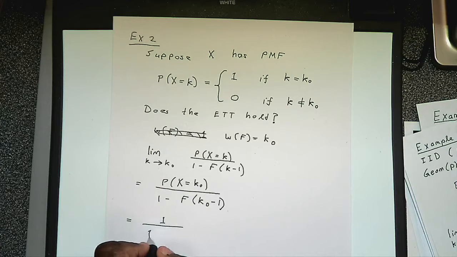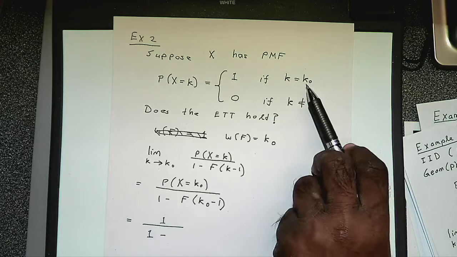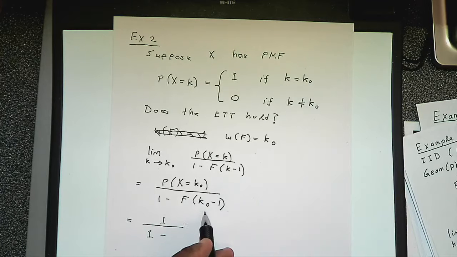And because it's only defined at k0, the CDF at k0 minus 1 will be 0, right?